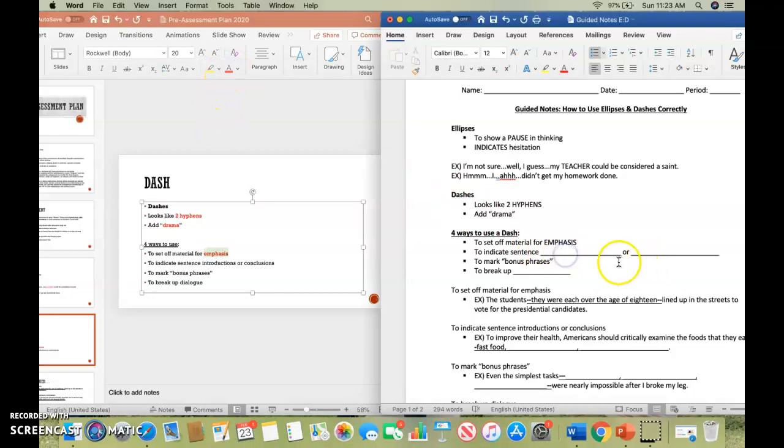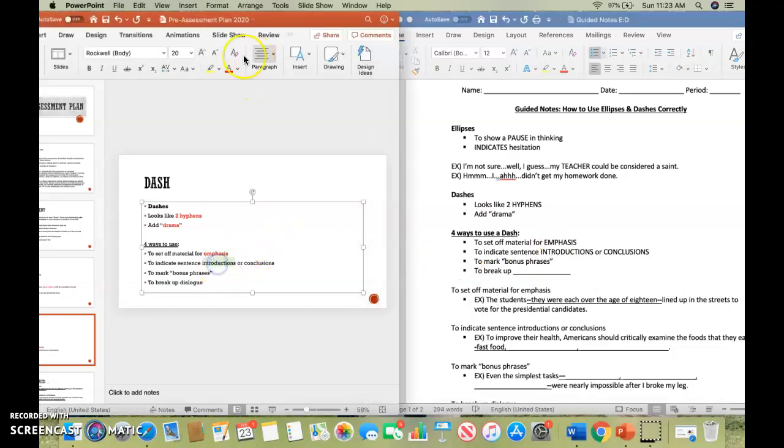All right, to indicate a sentence introduction or conclusion. Okay, so literally the beginning or the end of a sentence, introduction, or conclusion. Okay, over here.